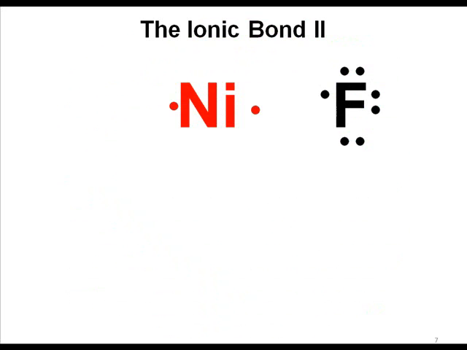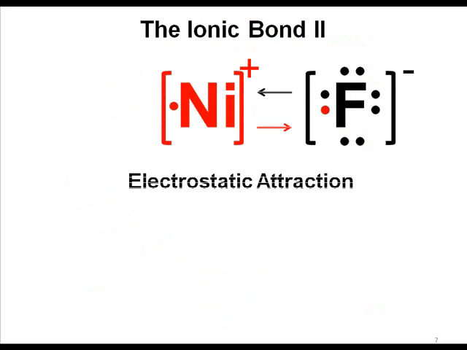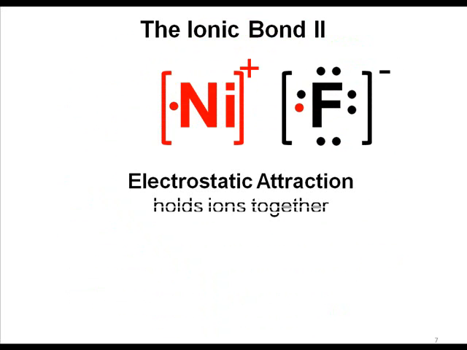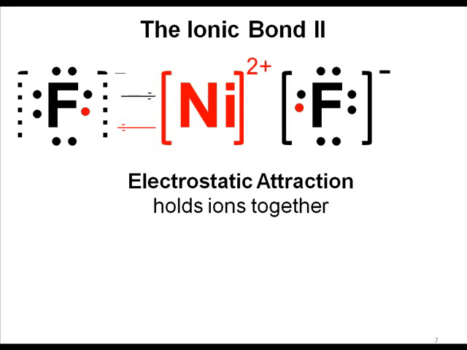Now let's take a look at another type of arrangement, another ionic bonding situation. You have the nickel heading to fluorine. That makes a charge there. There's electrostatic attraction. And then what happens is the nickel has to dump the next one, so I need another fluorine to take it too. And they become held together again also.